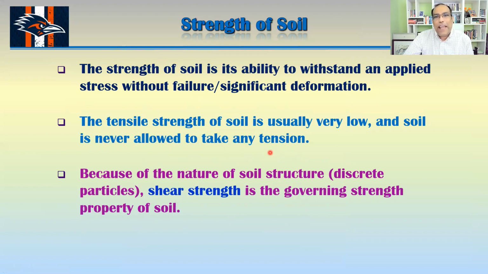So soil fails much earlier because of shear than it fails in compression. So basically shear strength is the governing factor for failure for soil. That's why many times when we talk about strength of soil, we automatically say that this is the shear strength of soil, okay?